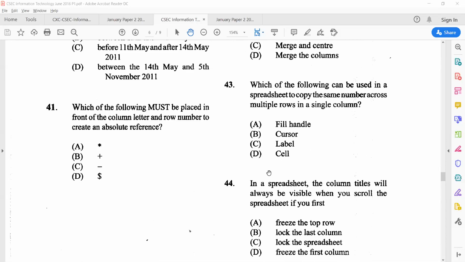Okay, 43. Which of the following can be used in a spreadsheet to copy the same number across multiple rows in a single column? You have something called the fill handle, you have the cursor, you have the label, and you have the cell.